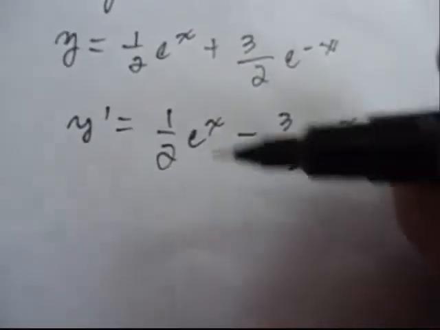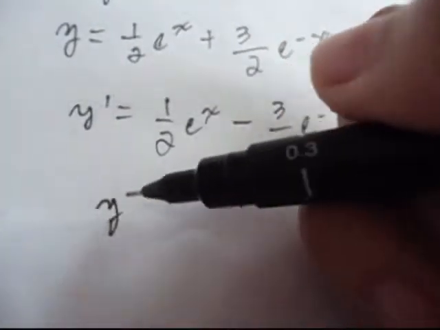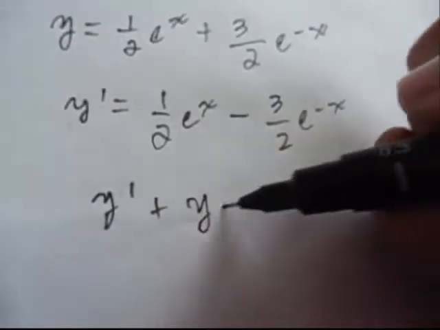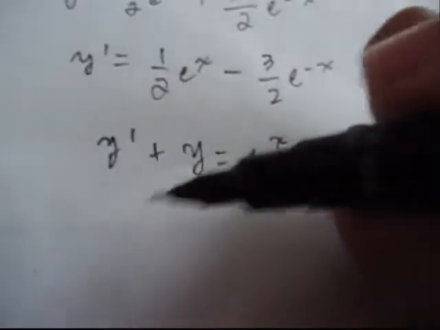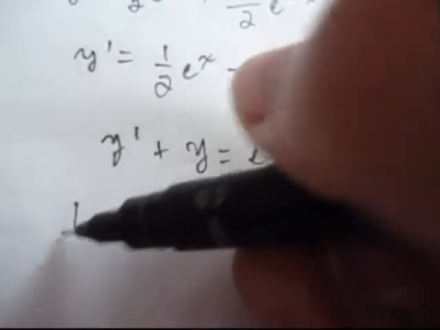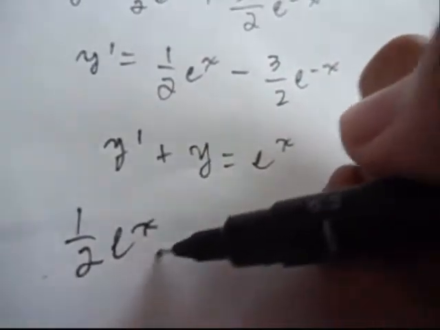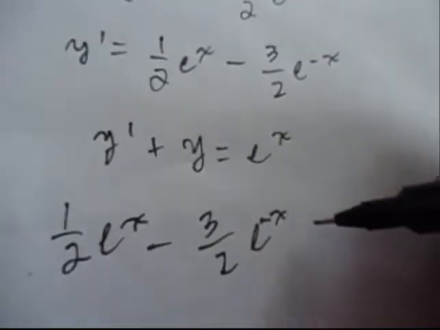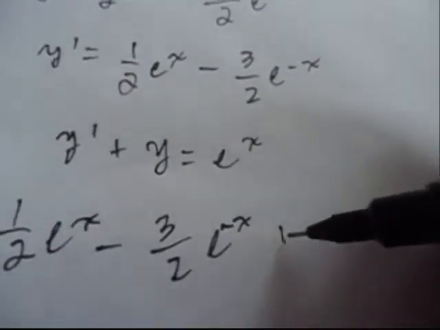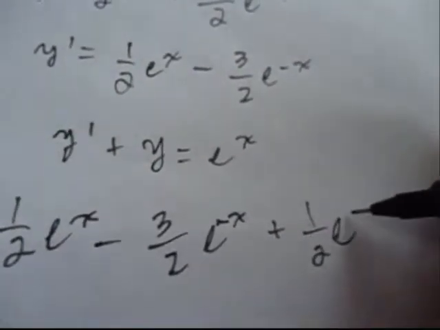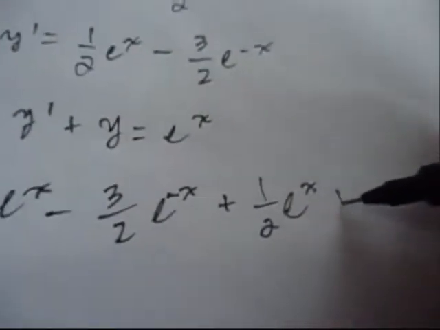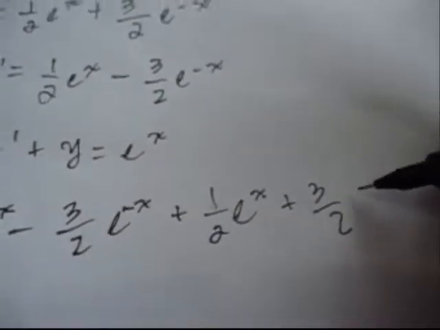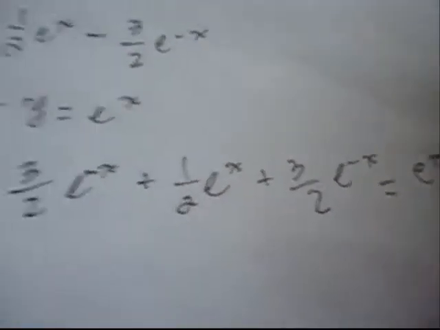So getting this, substitute this to our original equation, which is y prime plus y equals e to the power of x. So we have y prime equals 1/2 e to the power of x minus 3/2 e to the power of negative x, plus y, which is 1/2 e to the power of x plus 3/2 e to the power of negative x, equals e to the power of x.